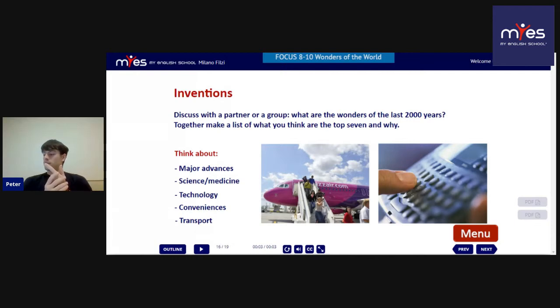Trying to think what was built that's amazing or beautiful or remarkable. Science or major advances. I think the discovery of gravity is one of the greatest wonders of the last 2000 years because it has completely revolutionized science after its discovery.